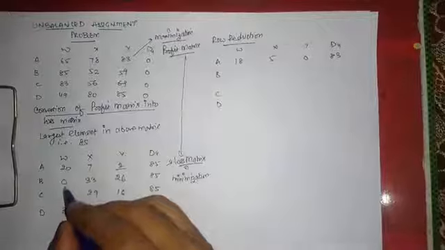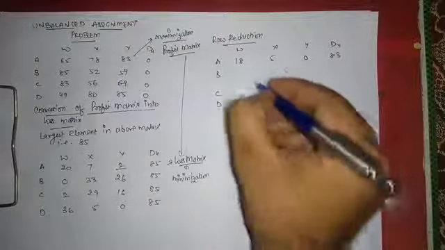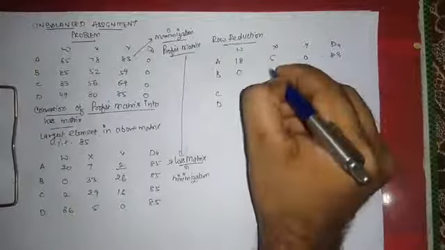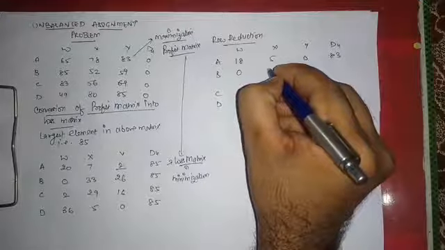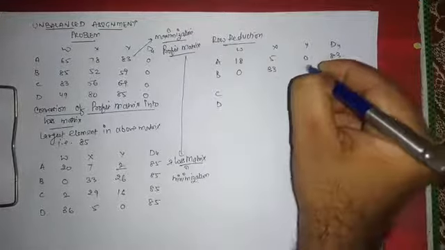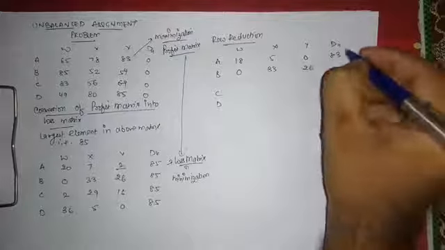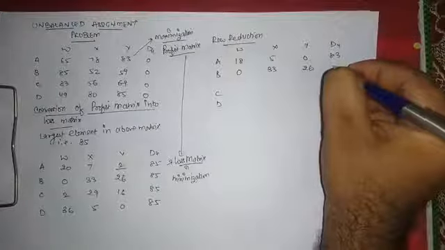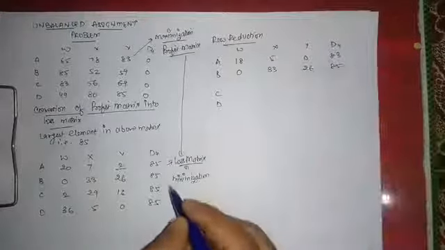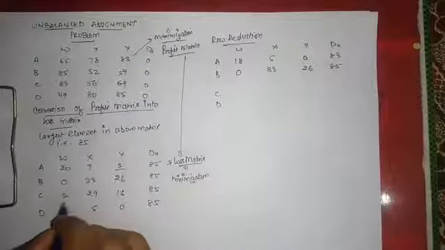Thereafter, 0 will remain the same, 0, 33, 26, 85. Next, the smallest element is 2.